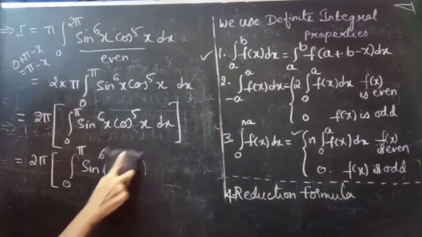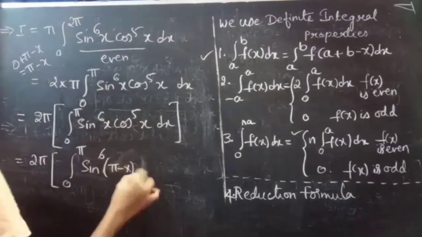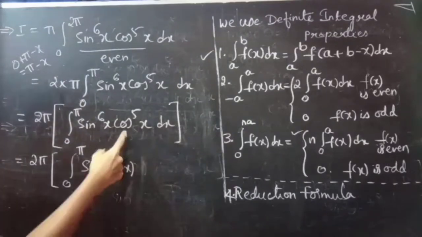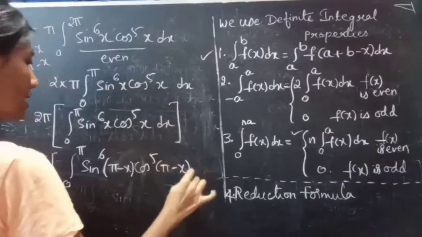So sin power 6 of pi minus x into cos power 5 of pi minus x dx.